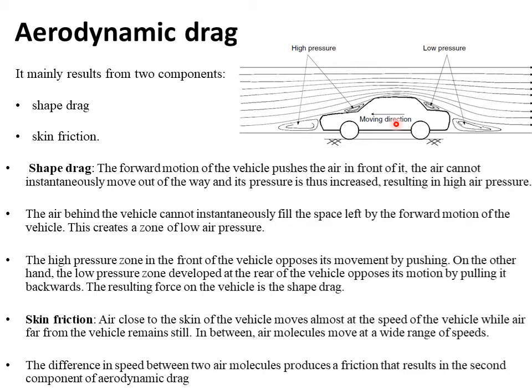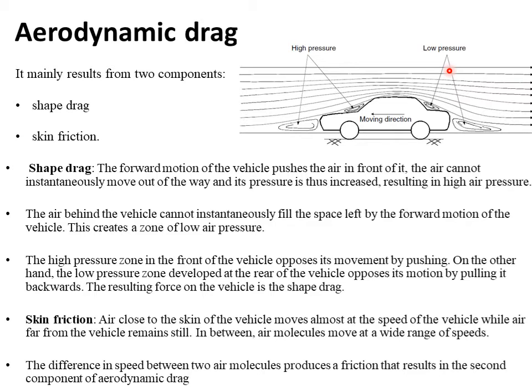And skin friction means that when a vehicle is moving in this particular direction, the air very close to the vehicle has molecules moving at almost the same speed as the vehicle, while the air molecules far away from the vehicle remain still. That means in between, the air molecules move at a wide range of speeds.